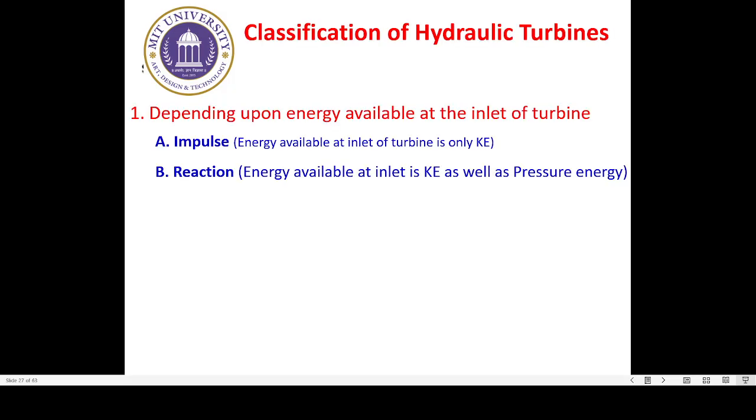Coming to the classification of hydraulic turbines, the different types of hydraulic turbines can be classified based upon various criteria. One criterion is the energy available at the inlet of the turbine, so it can be classified as an impulse turbine or a reaction turbine.